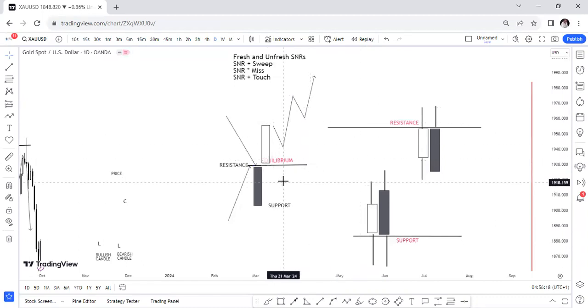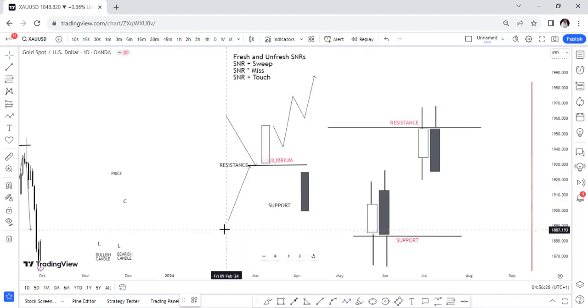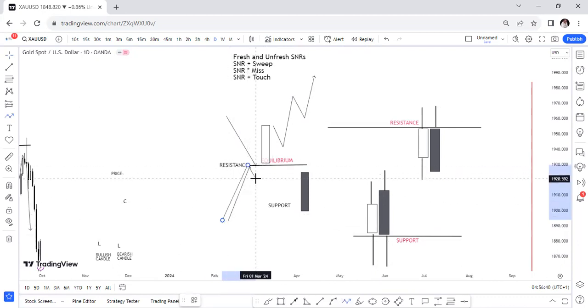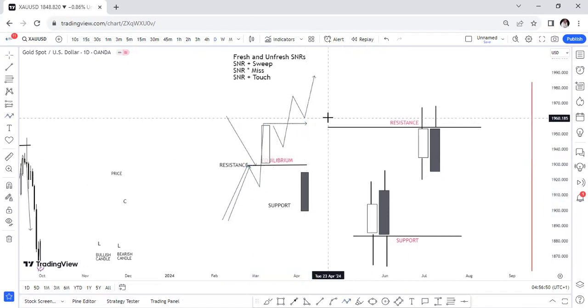So if buyers will take this market higher, coming from this level, and they push it higher to break this equilibrium level, that battlefield has subsided.